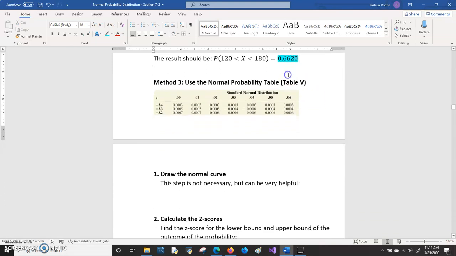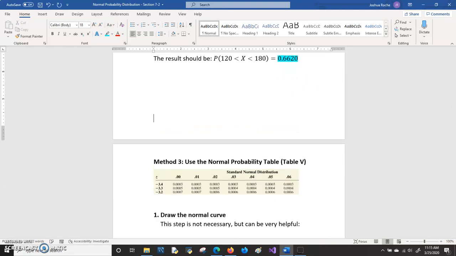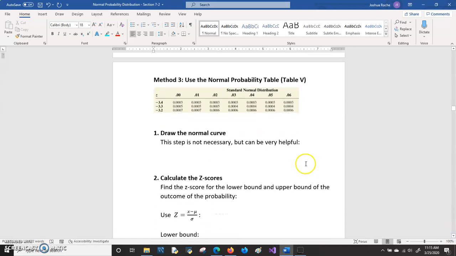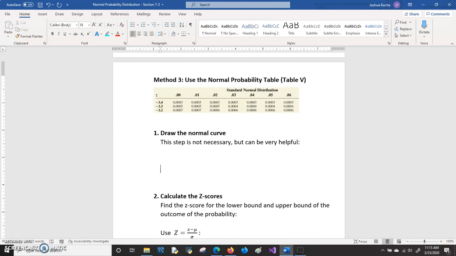The other way to work this out is to use a normal probability table. Draw the curve. 120 was somewhere down here. 180 was way up here.